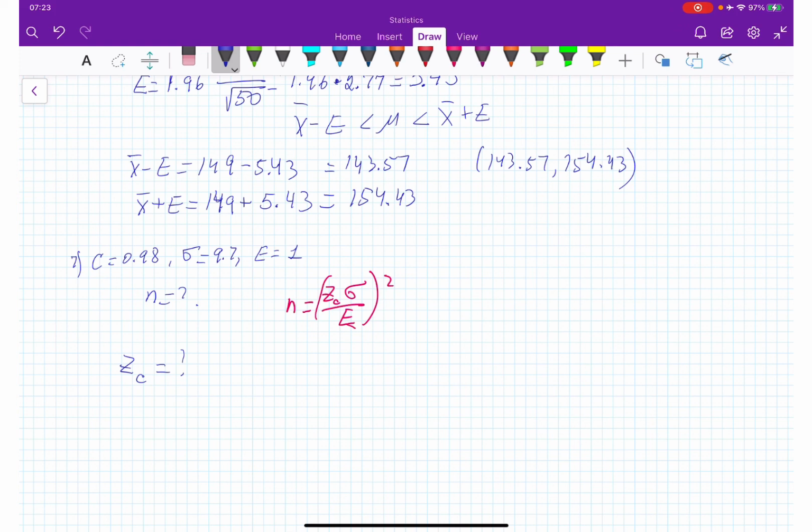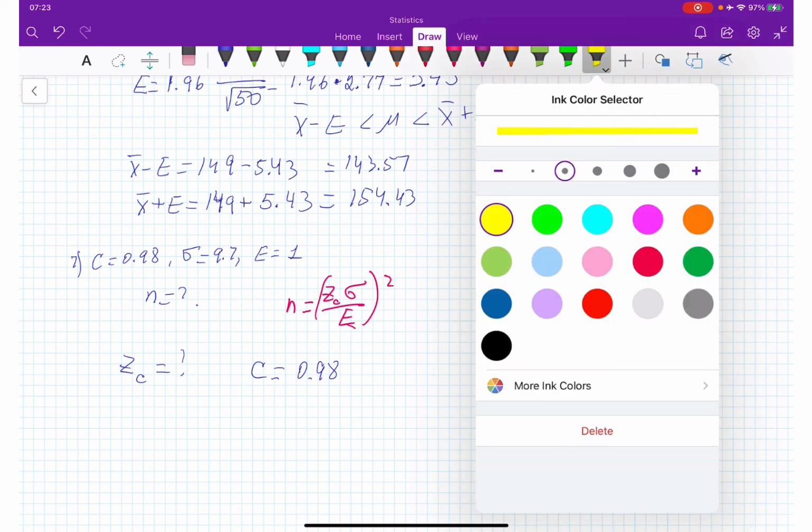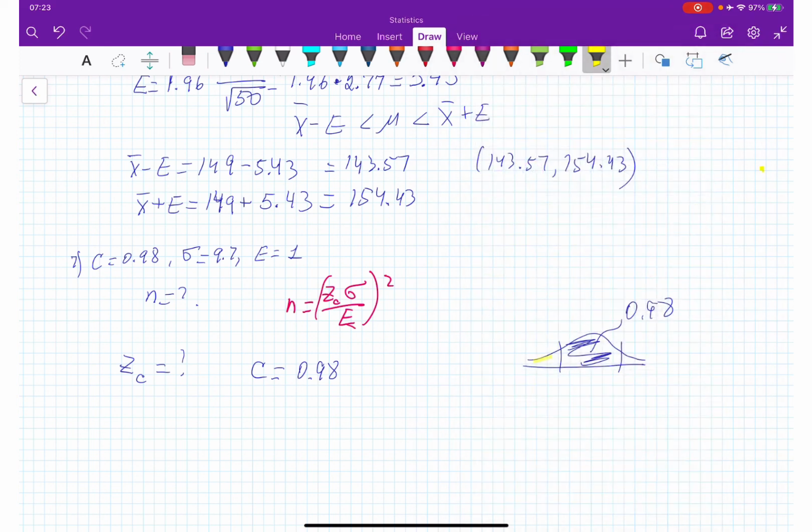So C, which is the confidence level, is equal to 0.98. Real quick, this is 0.98, which means the tails will be left together.